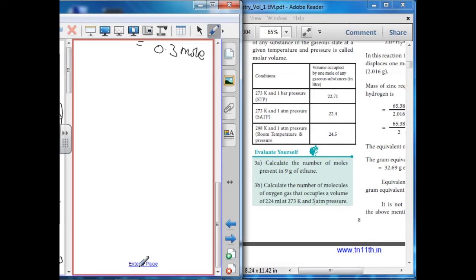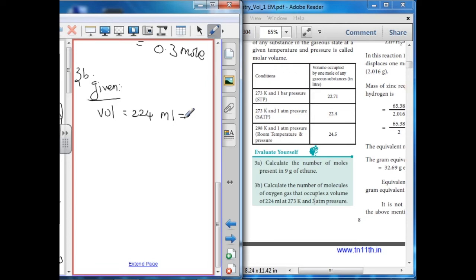The next question is, calculate the number of moles of oxygen gas that occupies a volume of 224 milliliter at 273 Kelvin and 3 atmospheric pressure. First, given: the volume is 224 milliliter.